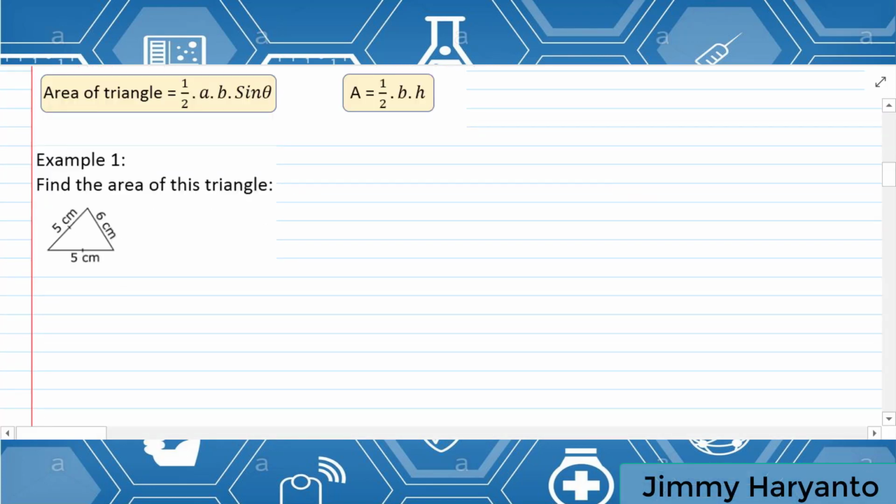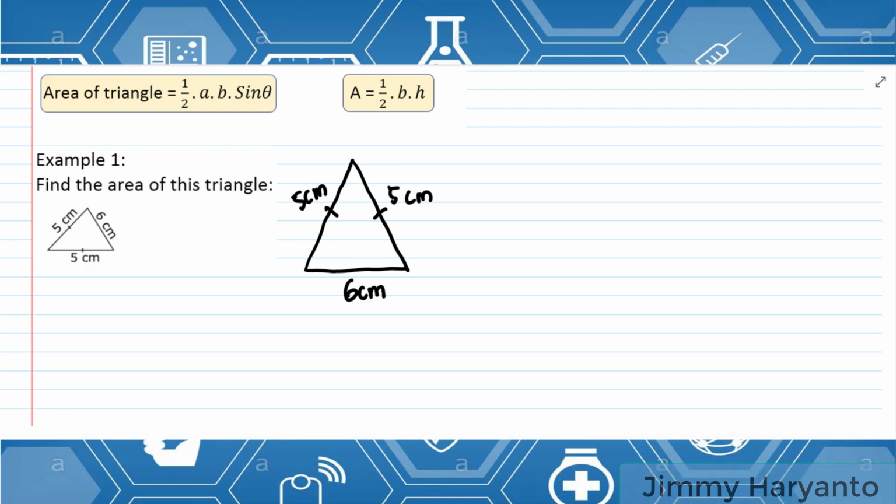As you can see, the triangle is isosceles, so I will make the triangle abstract. This side is 5 centimeters, this one is 5 centimeters, and the bottom is 6 centimeters. If you have an isosceles triangle, you can divide the base into two parts, which are 3 and 3. Then you can use the Pythagoras theorem to find the height of the triangle. This one is 5 centimeters, and this one is 3 centimeters.